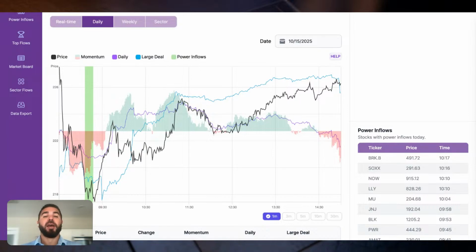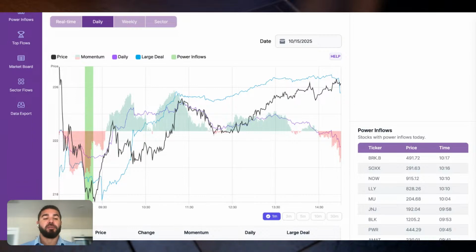Anytime we have sensed or detected a significant shift in the order flow from negative to positive, essentially when this signal comes in, we're projecting a very high likelihood that the stock price will rise throughout the rest of the day from the moment that power inflow signal comes in. It's a bullish trend indicator, solely based on the order flow data that we track and what our algorithm is picking up. So again, it's a bullish trend indicator.